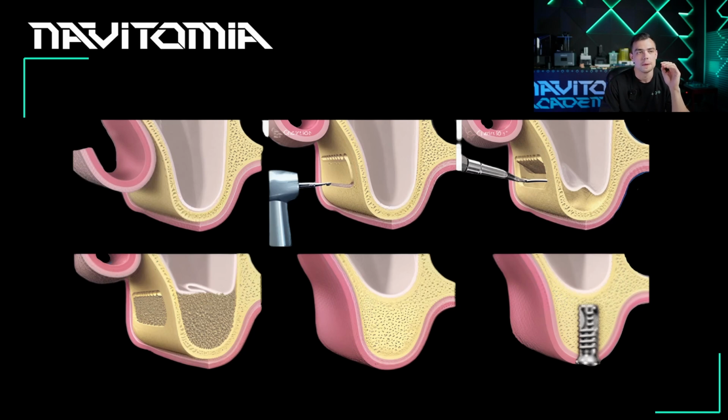Why do I talk about that in regard to guided surgery? Because when you plan a surgical guide with an open sinus, firstly you can make a surgical guide for this window. But anyway, I'm not talking about that. We are talking about guided implant surgery.